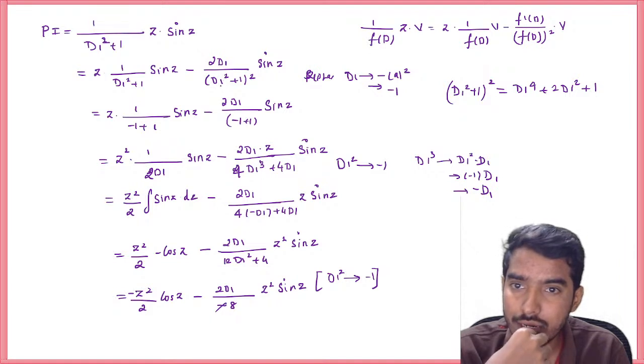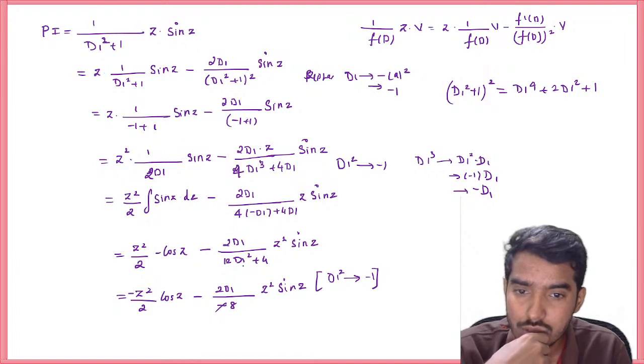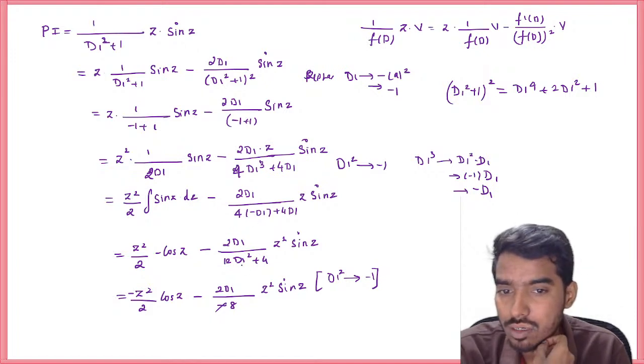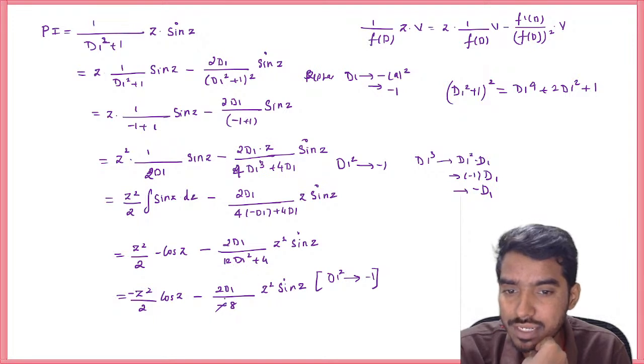So it is 2D1 into 4D1 cube plus 4D1, which will be D1. D1 square is minus 1, minus 12 plus 4 is minus 8, D1 by 4 z square sin z, right?